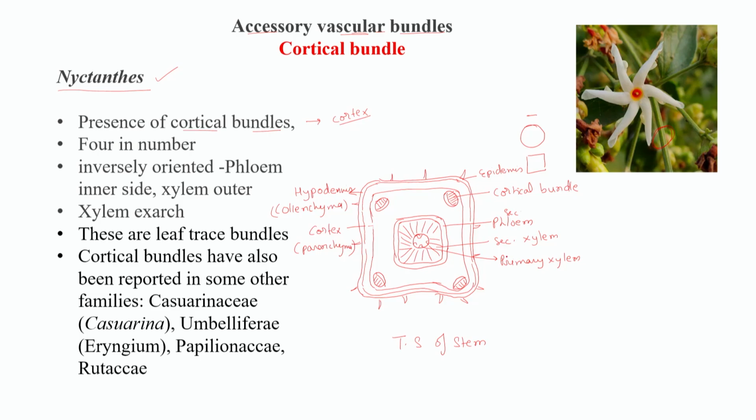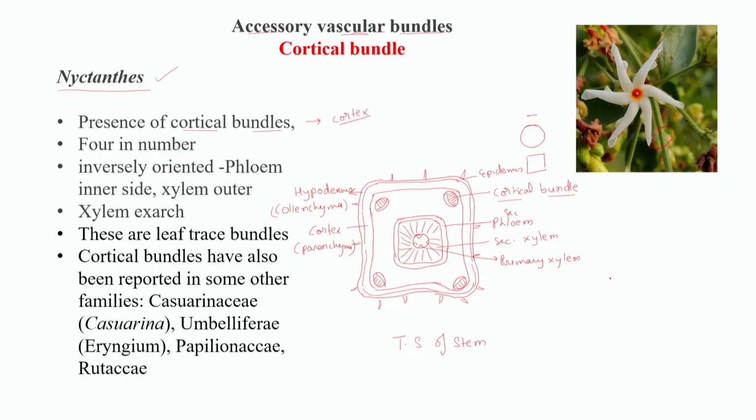Now the presence of a cortical bundle is anomalous behavior, but inside the cortical bundle, the organization is also having a lot of anomaly. So when you draw this cortical bundle, suppose you make a bigger structure of it here.